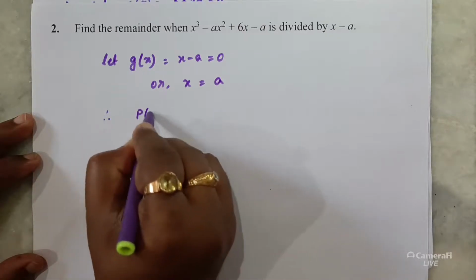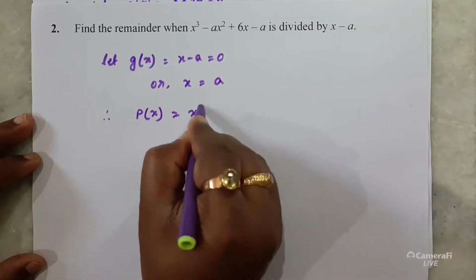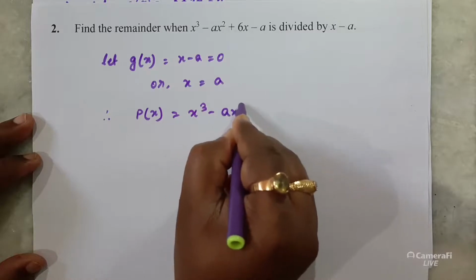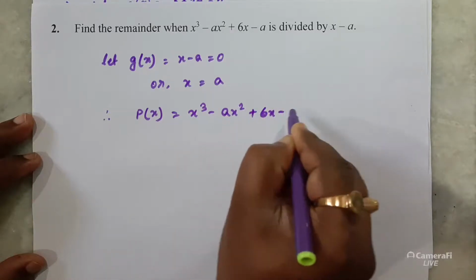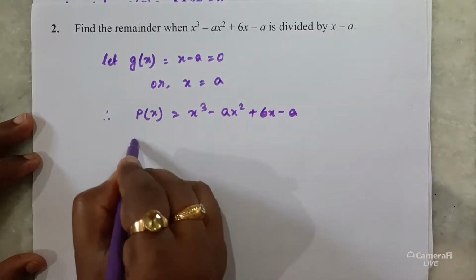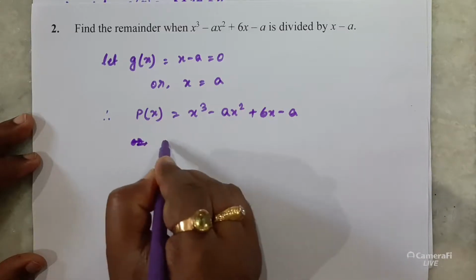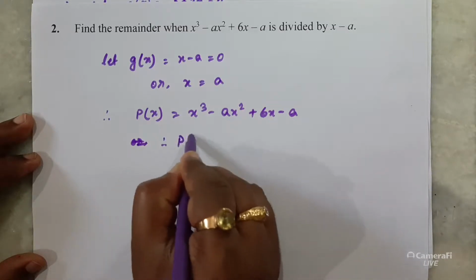Therefore let P of x equal x cube minus ax square plus 6x minus a, therefore P of a.